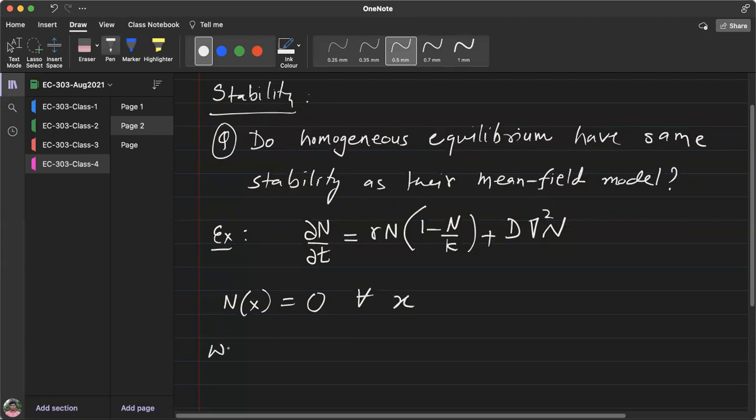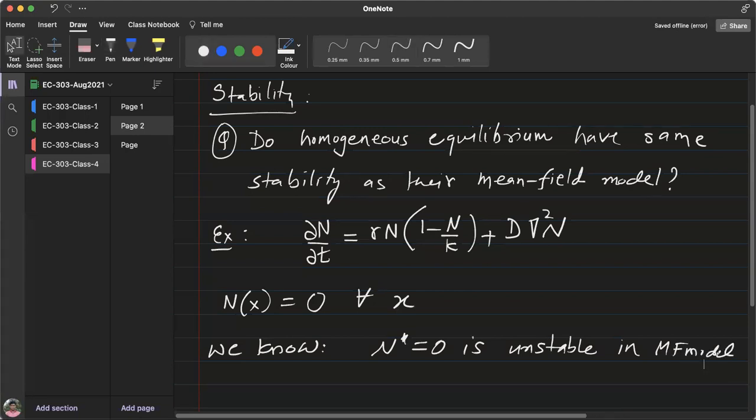We know that n star equal to 0 is unstable in the mean field model, right? So the question is, is it unstable in the above reaction diffusion equation?